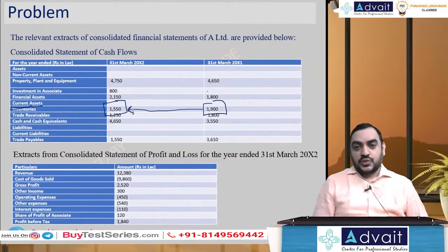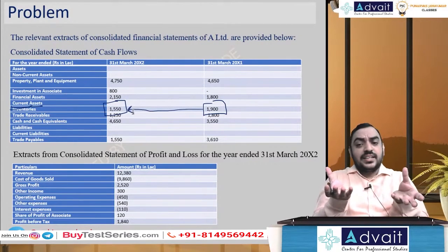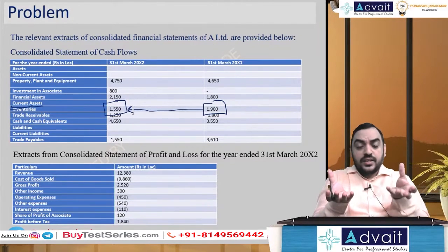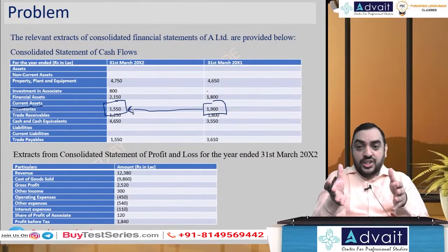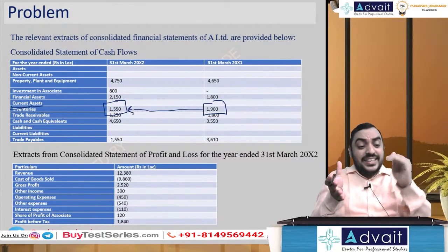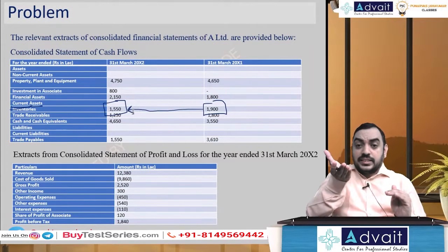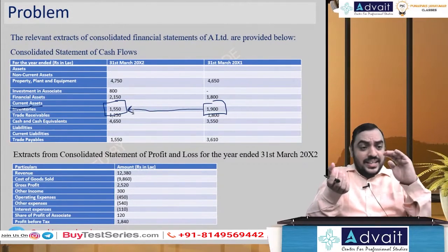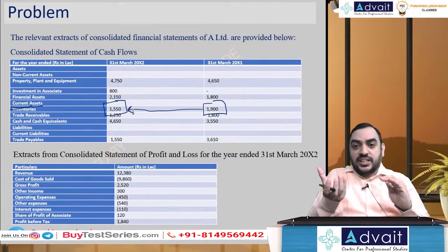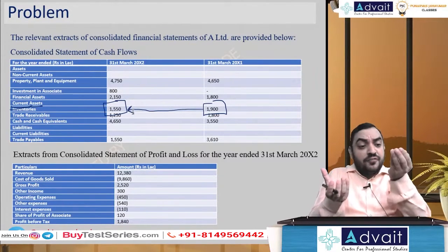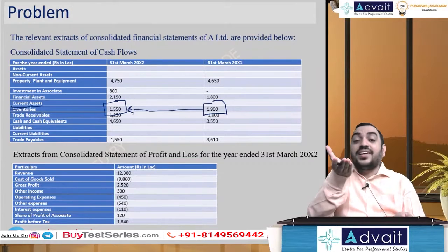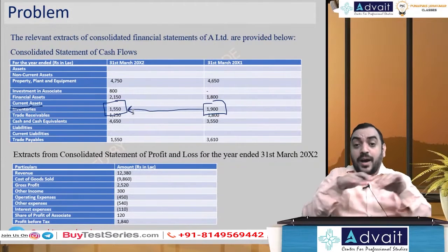I don't know how you remember. I remembered like this. Cash is an asset. Current asset is also an asset. For you to tally the balance sheet, if one asset decreases, the other asset should increase. So if inventory reduces, cash should increase. That's why the balance sheet should tally.